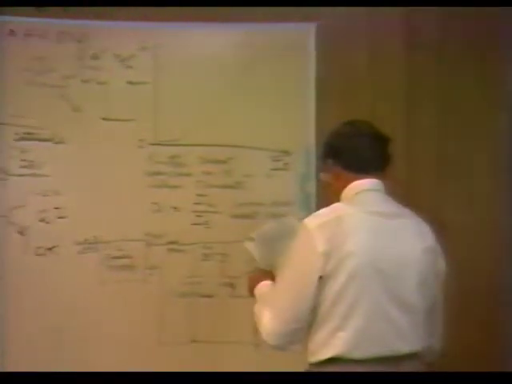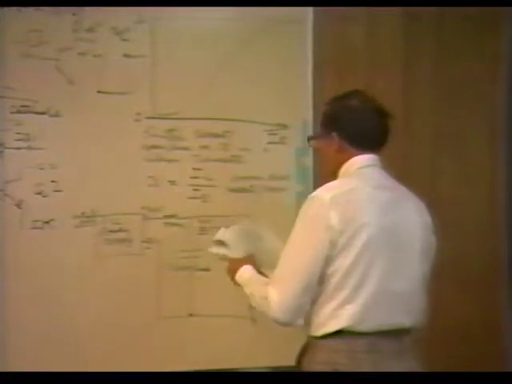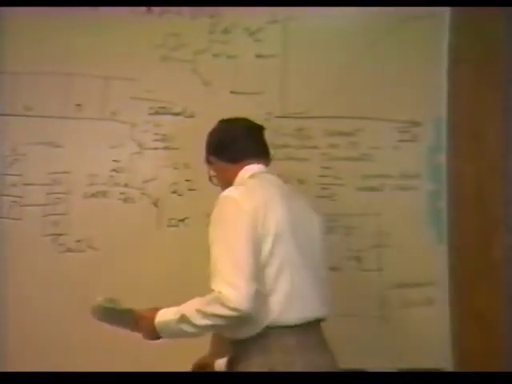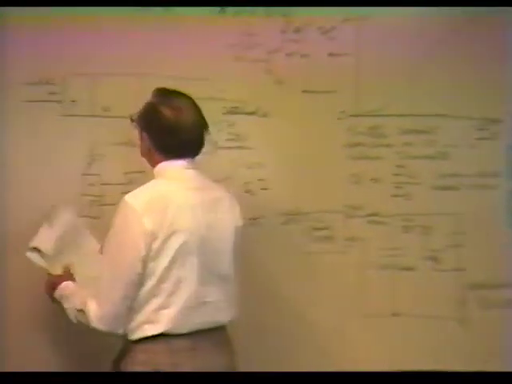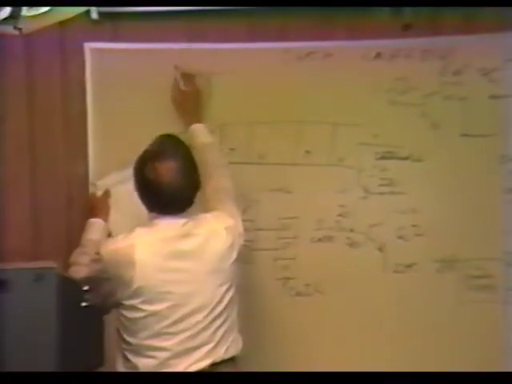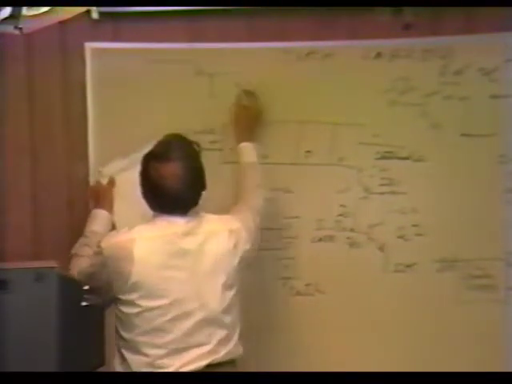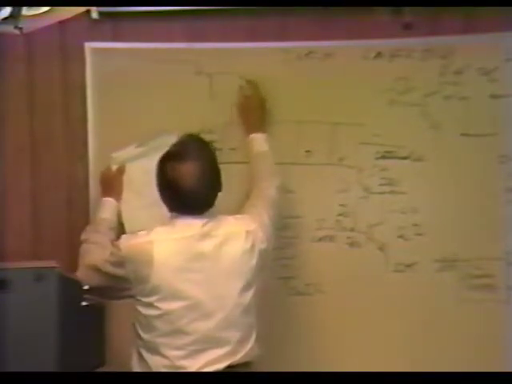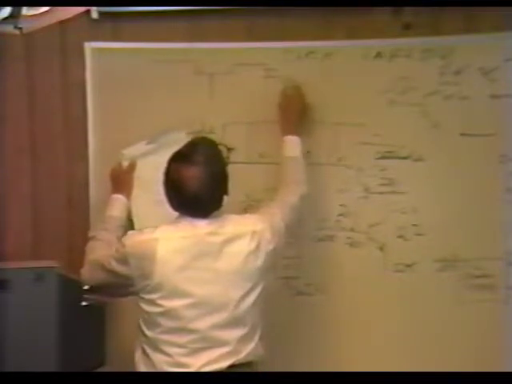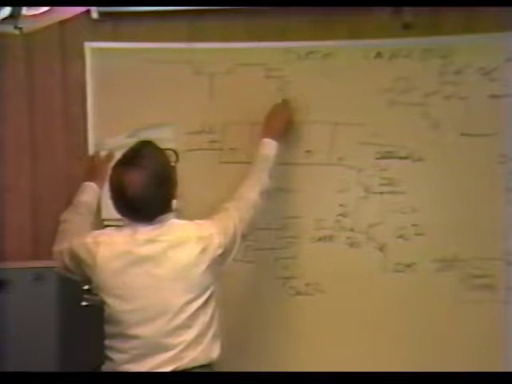I want to show you something else while we're right here, and I'll pick a place to put it. Okay, we have a transistor, a PNP, and we have the collector current.